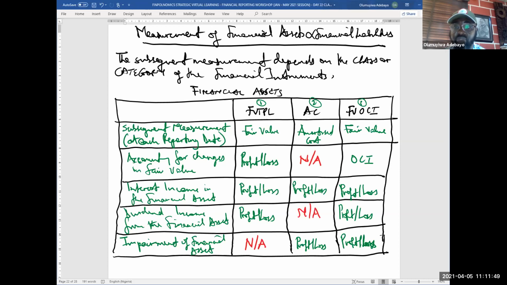Tell me why it's not applicable to this bucket. Who can answer the question? Tell me why it's not applicable to the bucket of fair value to profit or loss.